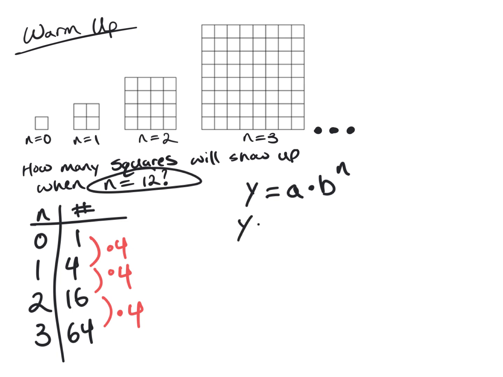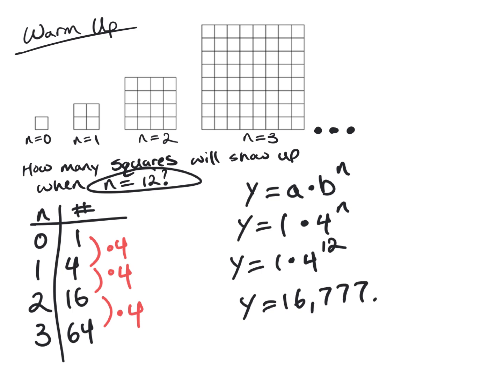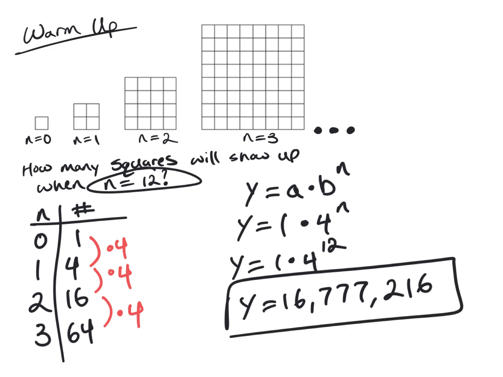We started with 1 square, and we multiply by 4 every single time. We want to know how many squares will be on the 12th step, so we need to know what y is when n is 12. When you type that in on a calculator, you're going to get 16,777,216. That's a lot of squares.